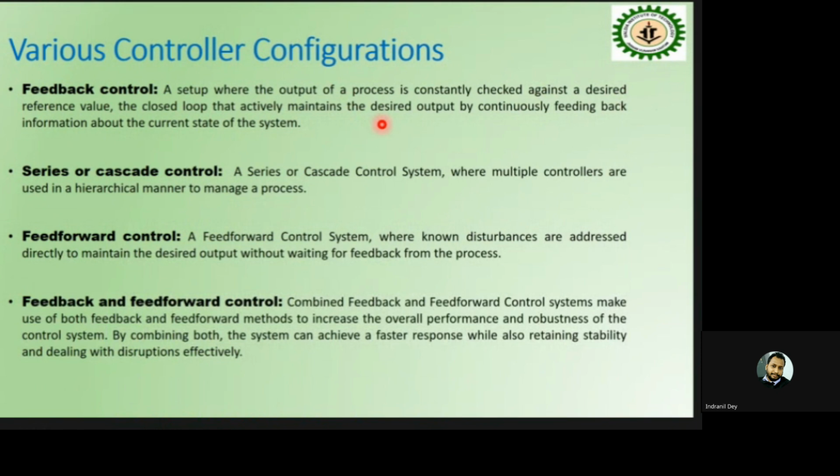If we talk about disturbances, a disturbance can be of two types. One can be major disturbance, that is the known disturbance, and another can be unknown disturbance that directly impacts the process. So we cannot deal with the unmeasured disturbance, but by implementing a feed forward controller, we can address the known disturbance directly at the process to maintain the desired output without waiting for the feedback from the process.